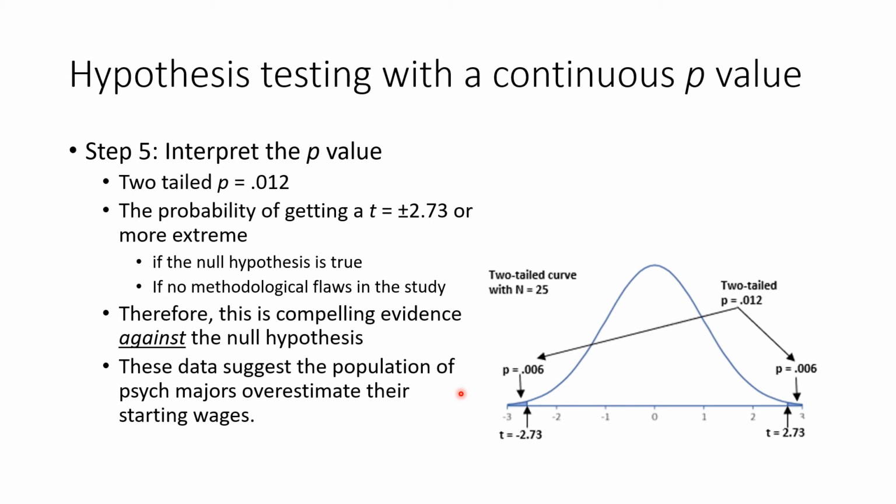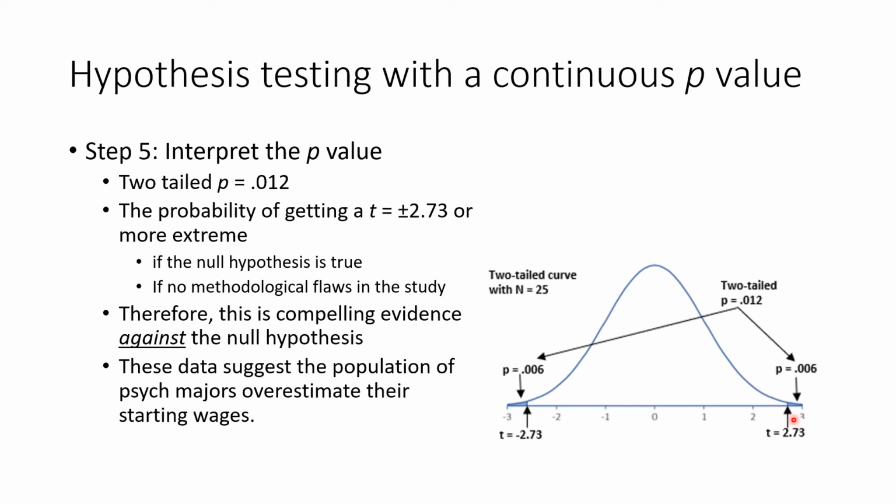So again, if the null is true, we would expect to get a t-value somewhere close to 0. But we didn't. We got something way out here. How likely is that to happen if the null hypothesis is true and students are actually accurate in estimating their starting salary? Well, that's this outcome.